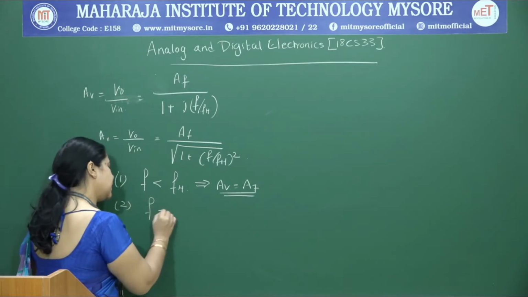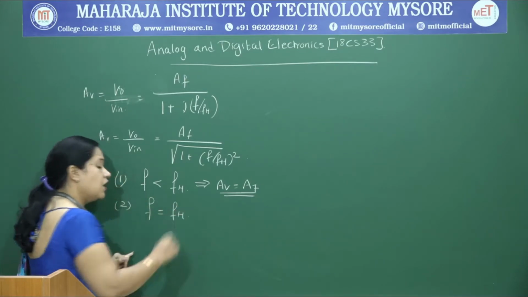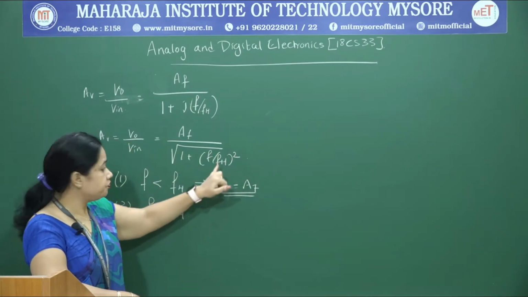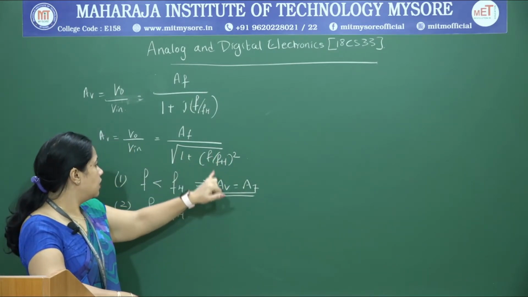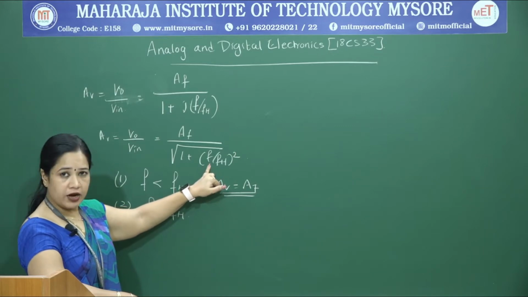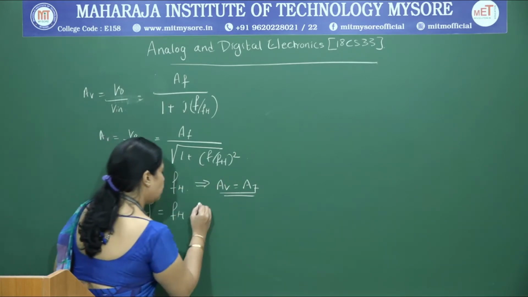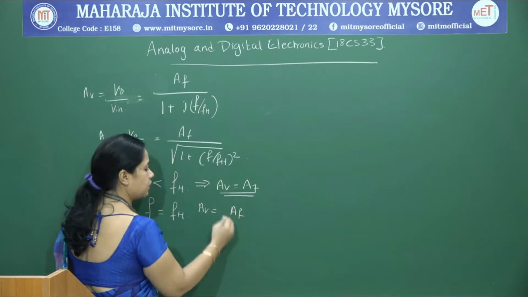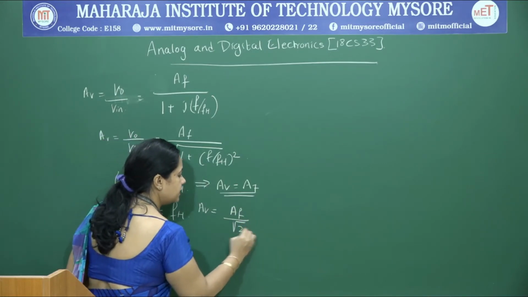Now, we will determine the effect of frequency on voltage gain when F is equal to the cutoff frequency. When F is equal to the cutoff frequency, this ratio becomes 1. As a result, your voltage gain AV is going to be AF by square root of 1 plus 1, which is root 2.